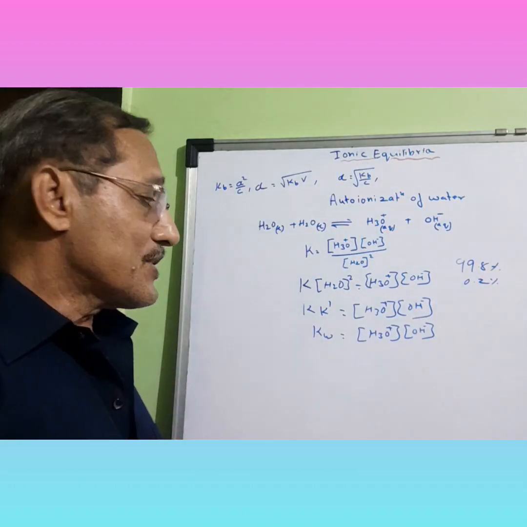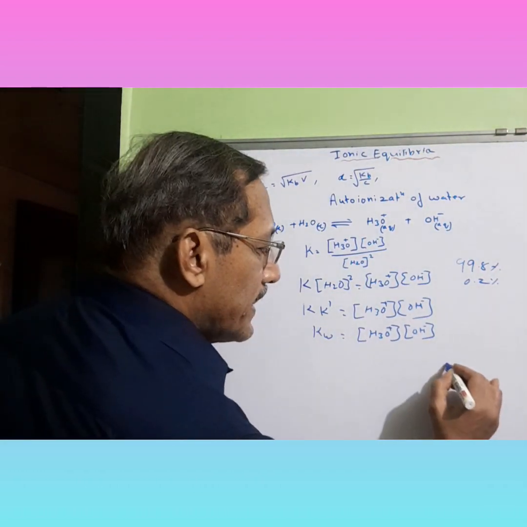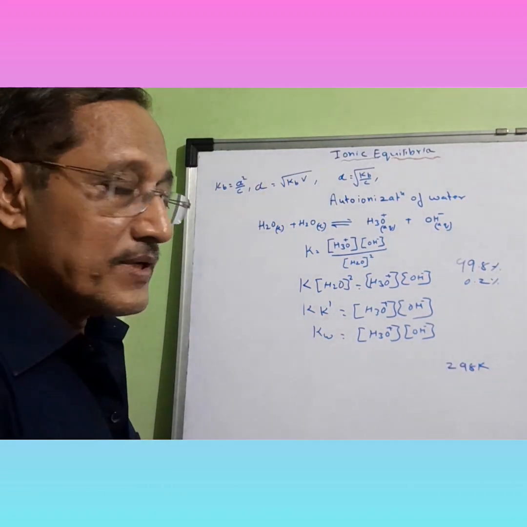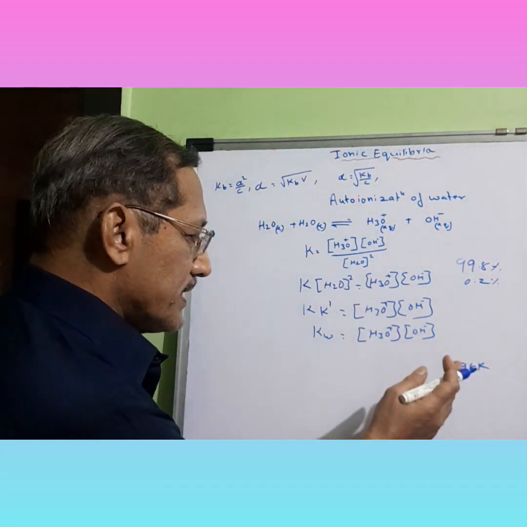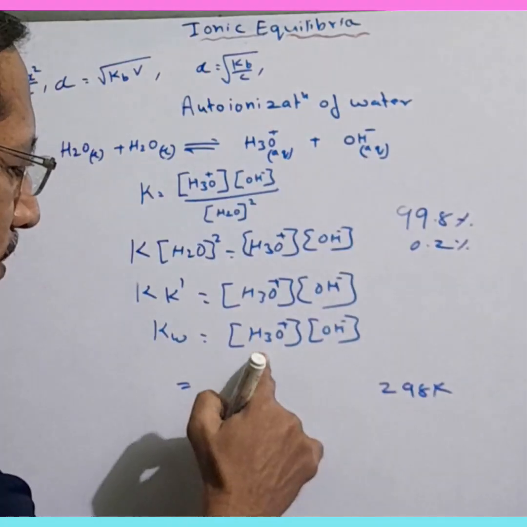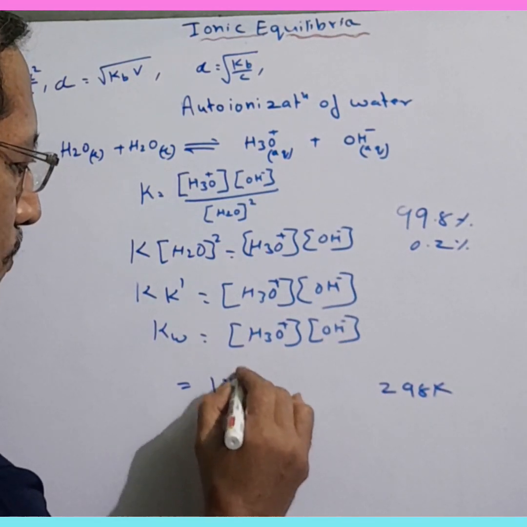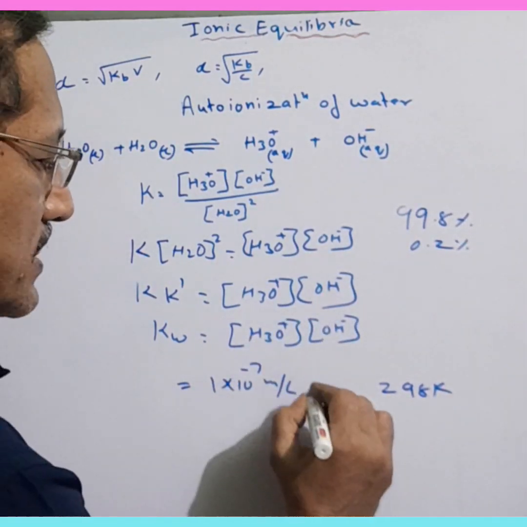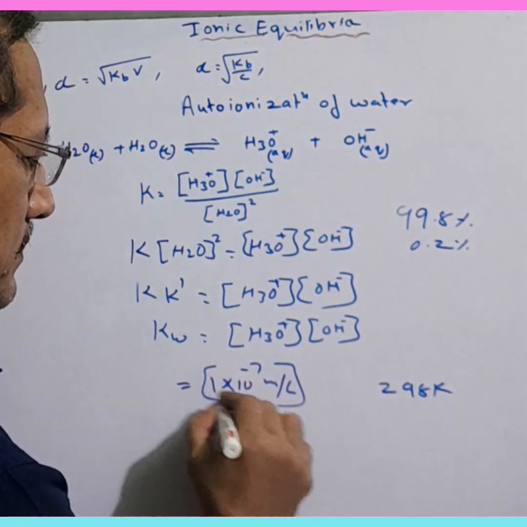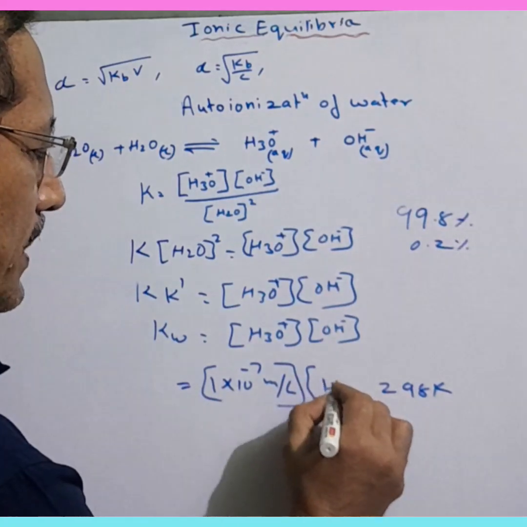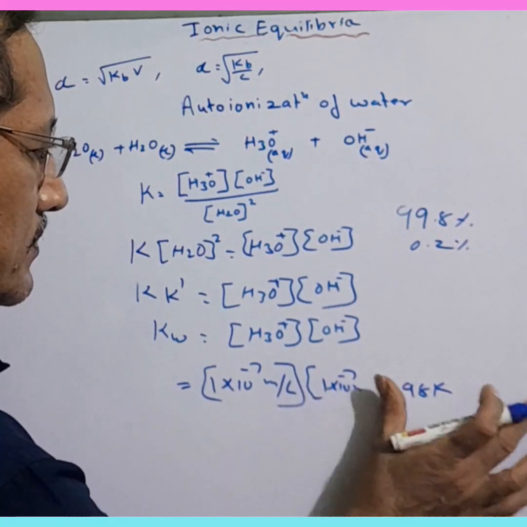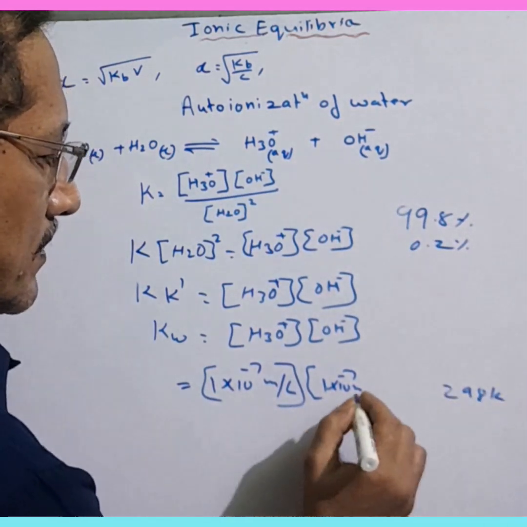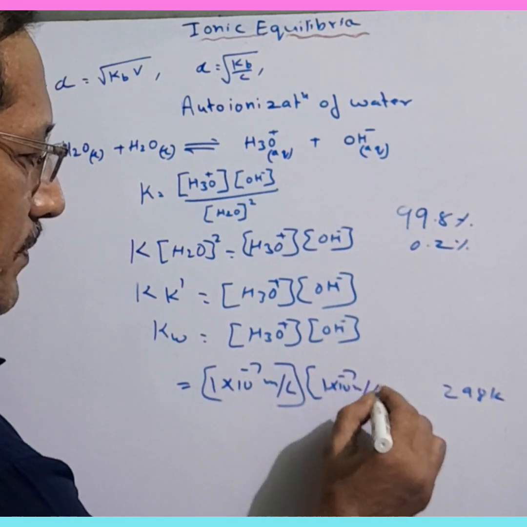Now another interesting thing: at 298 Kelvin, or 27 degrees Celsius, at that temperature what we find is the concentration of this is 1 into 10 raised to minus 7 moles per liter, and that of this also is 1 into 10 raised to minus 7 moles per liter.